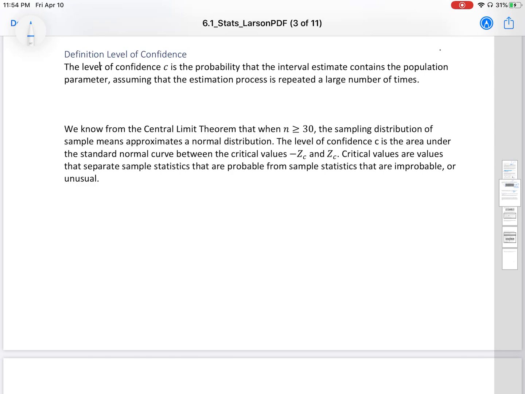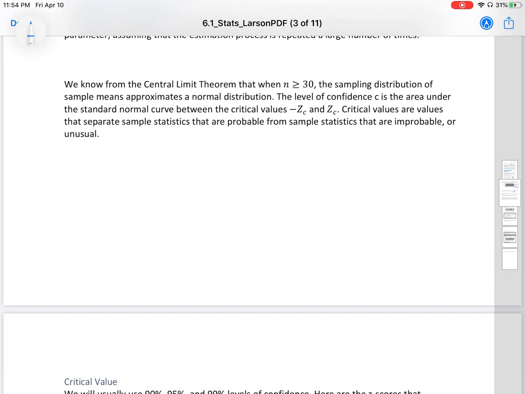Critical values are values that separate sample statistics that are probable from sample statistics that are improbable or unusual. So we'll talk about this soon because I know these z c values are new to us. These critical values are pretty much your z-scores, but they're special z-scores that we'll use in this section.